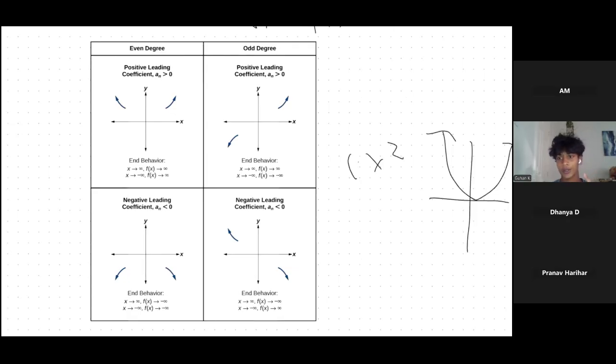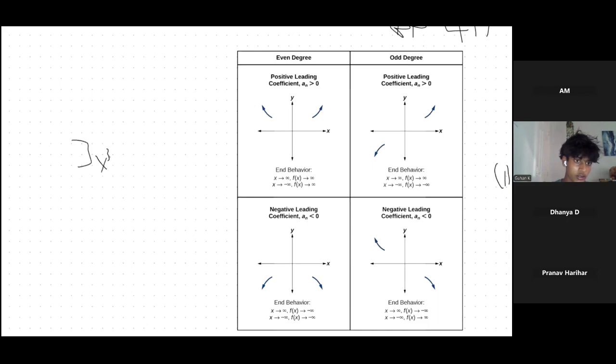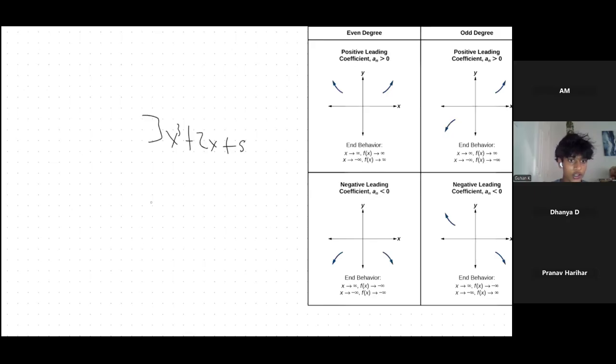Now, what's your leading coefficient? It's going to be the number that goes along with the x of highest degree. For example, in the function 3x cubed plus 2x plus 5, the leading coefficient is going to be 3. Now, here's a quick question for y'all. What's the leading coefficient for this function?